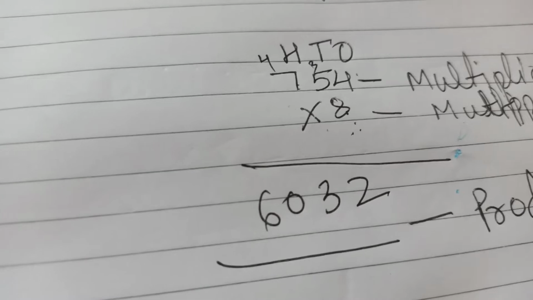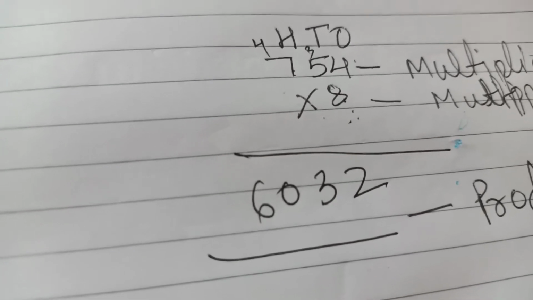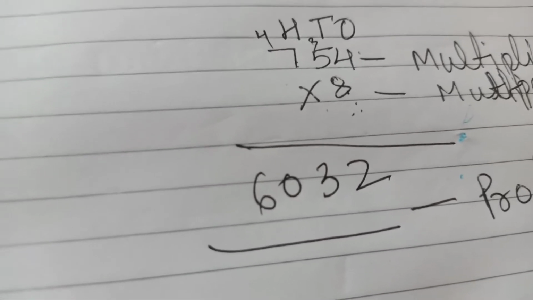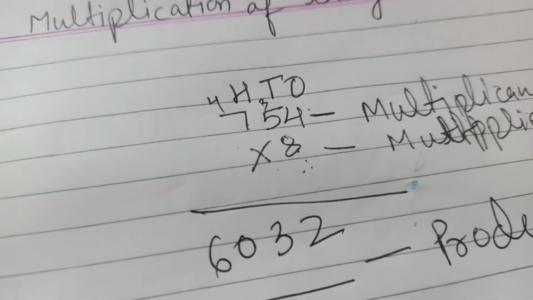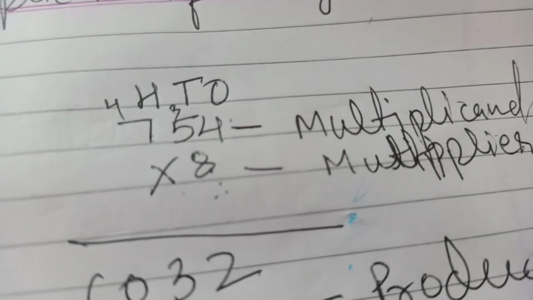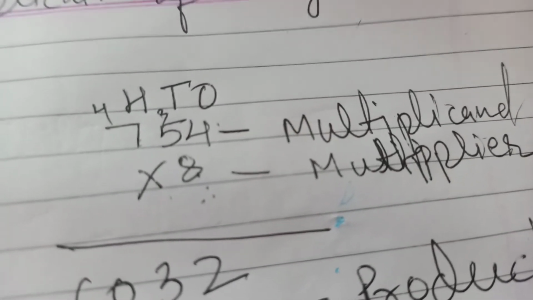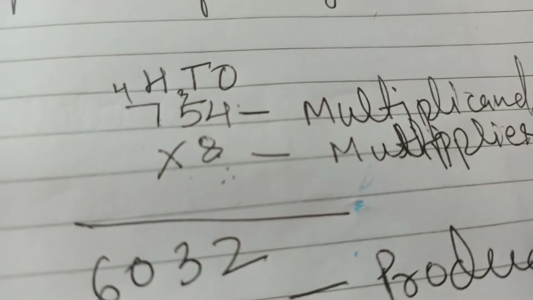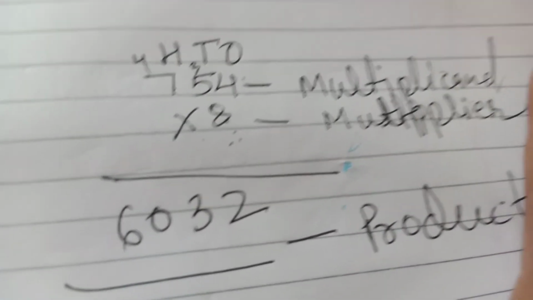The number by which any number is multiplied is known as the multiplier. 754 is multiplied by 8, so 754 is called the multiplicand, and 8 is called the multiplier. The result of both is called the product.